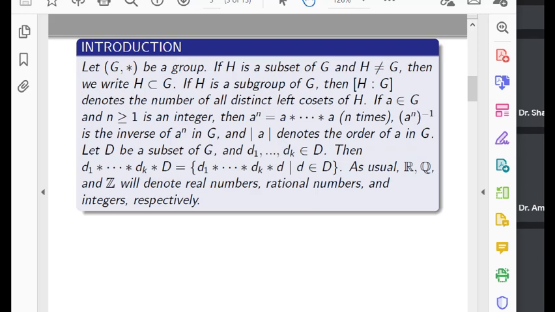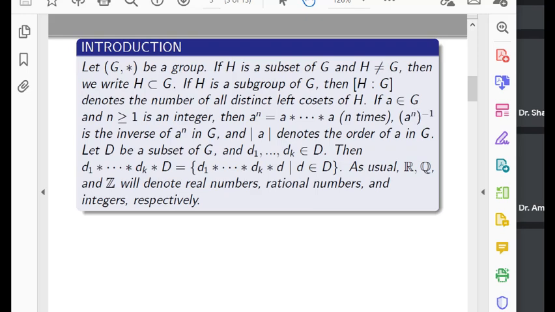Of course, here I'm giving you the definitions which I already mentioned. If we have a subgroup H not equal to the whole group, I mentioned the index, and I mention here the notation: a to the n means a star a star a, n times.